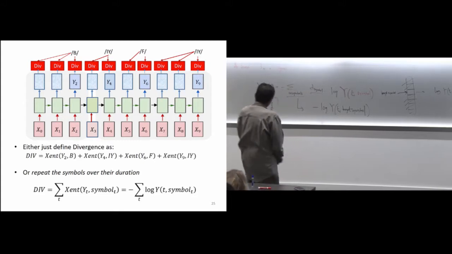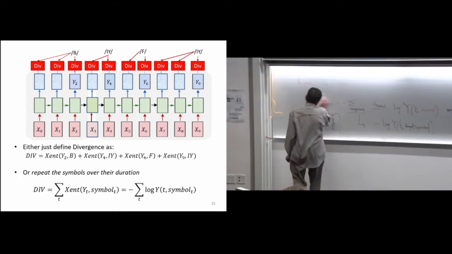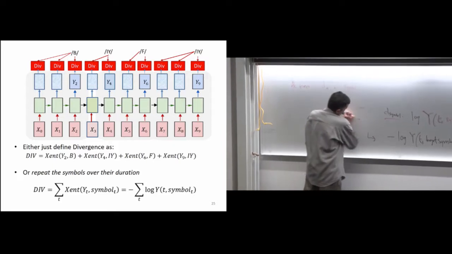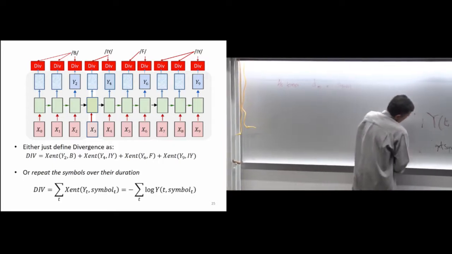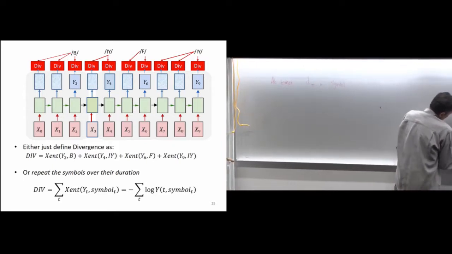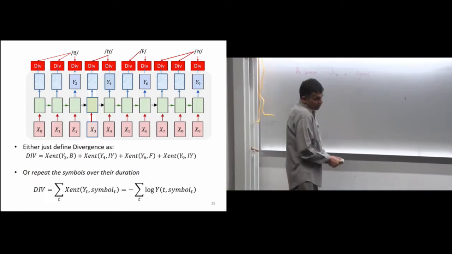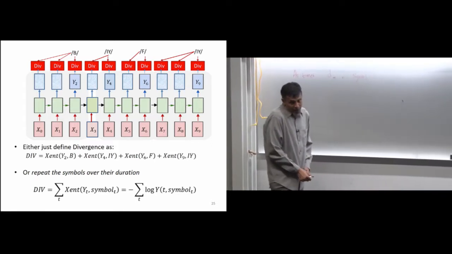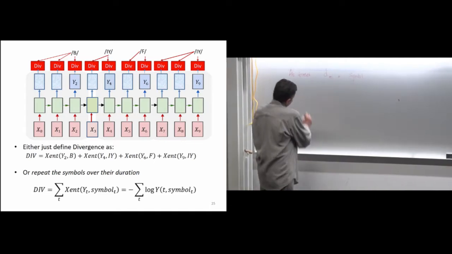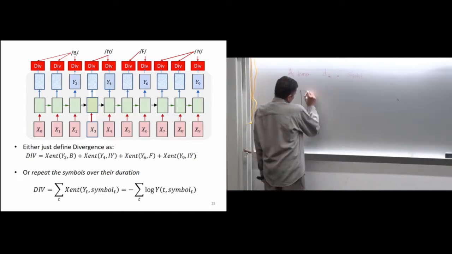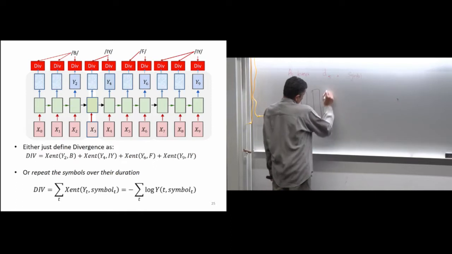So what really happens is, let's say I have my output at each time. I have an output over all possible symbols. I'm going to have many outputs, one at each time, correct?